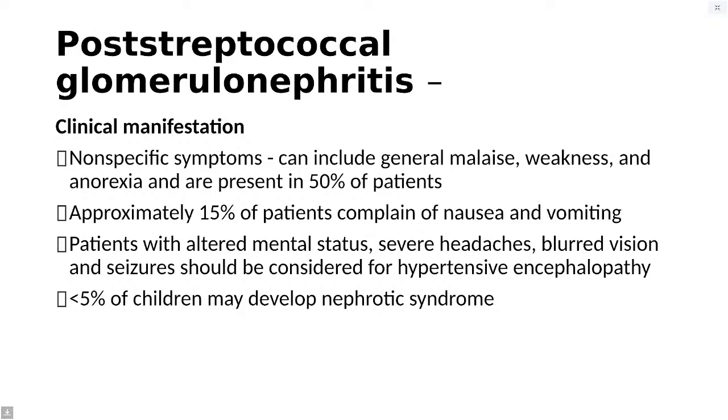Patients with altered mental status, severe headache, blurred vision, and seizures should be considered for hypertensive encephalopathy. Less than 5% of children may develop nephrotic syndrome. Rare, but it's possible.